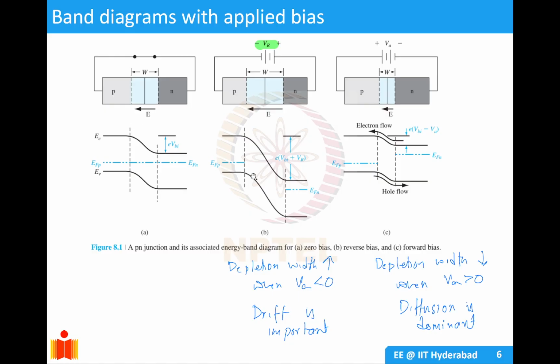You can see here how the band diagram looks for reverse bias and forward bias. This is the neutral condition when there is no applied bias across the junction.